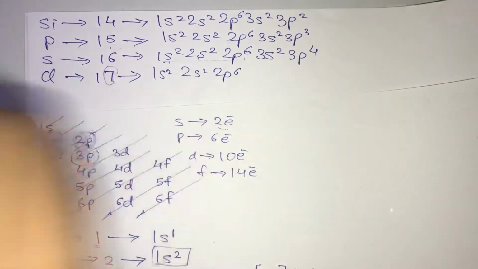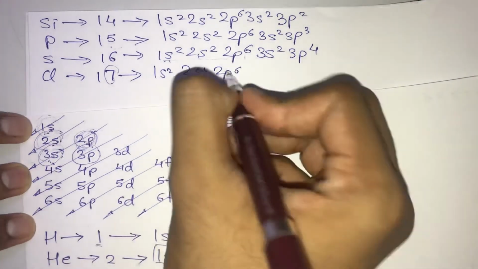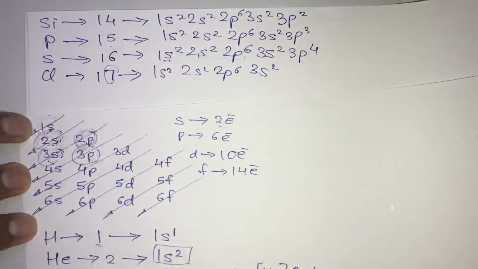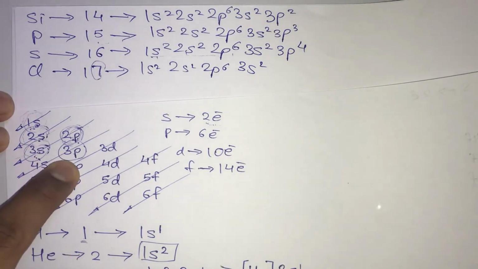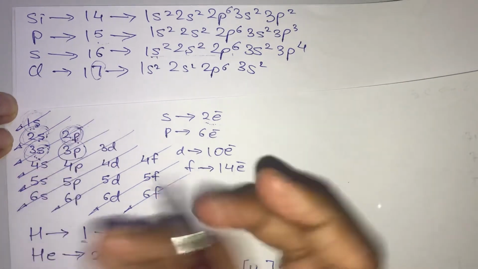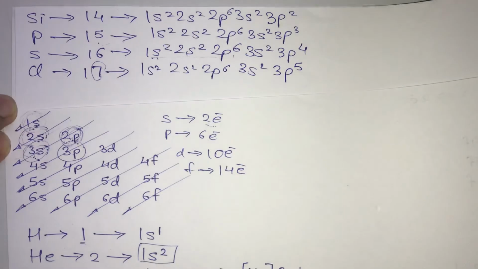Now you are left with 7 more to go. After 2p comes your 3s, so you write 3s2. Still we have 5 more to go. After 3s comes your 3p. 3p can take a maximum of 6 electrons, but since you have only 5 electrons left, you write 3p5. Am I pretty much clear for you guys?